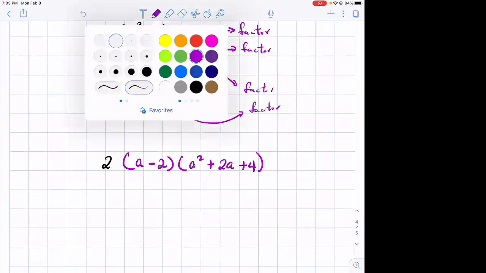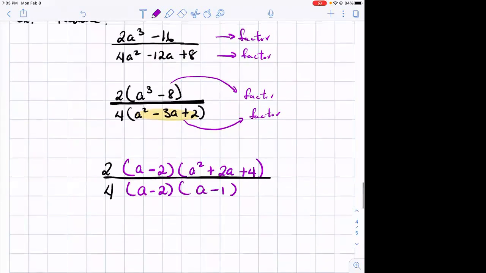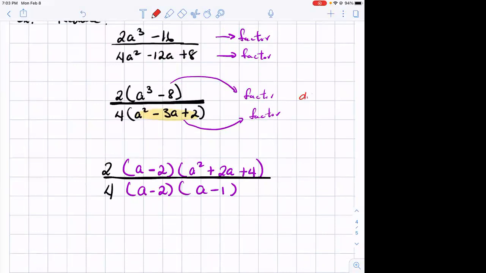And if you factor the denominator, the 4 will stay. And then if you factor this quadratic here, factoring that quadratic will give me a minus 2 times a minus 1. So you may want to recall or refresh the difference of cube formula.